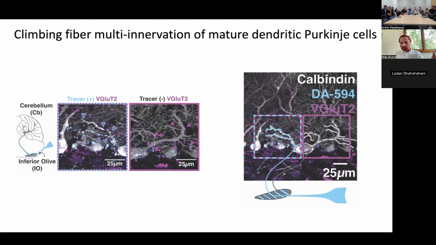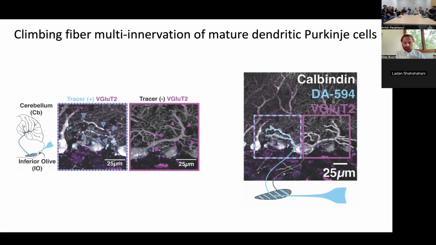So this method wouldn't tell us how many climbing fibers a cell would get, but if it does have both of these kinds of tracer positive and tracer negative VGLUT2 puncta, it would tell us there are at least 2 unique climbing fibers from 2 unique origin cells in the inferior olive.